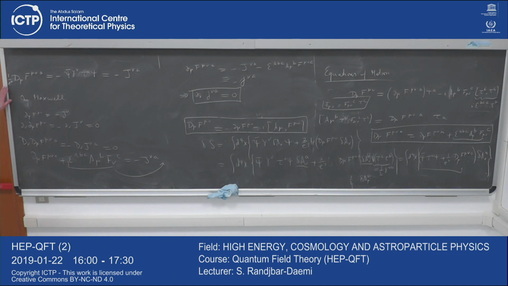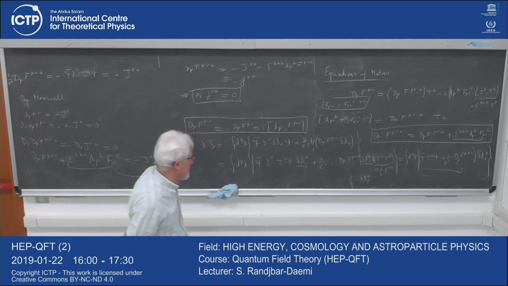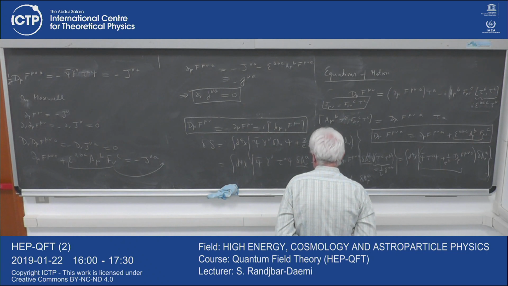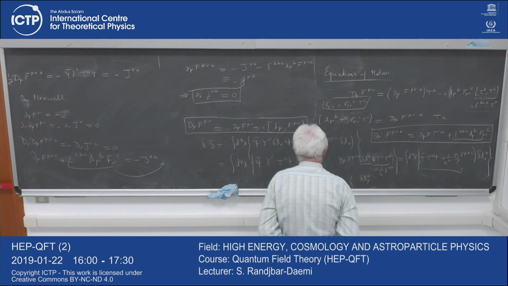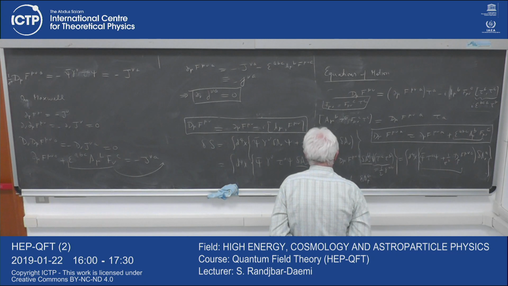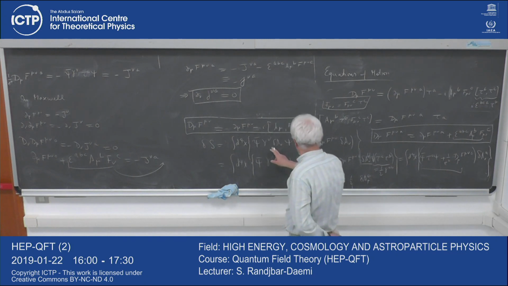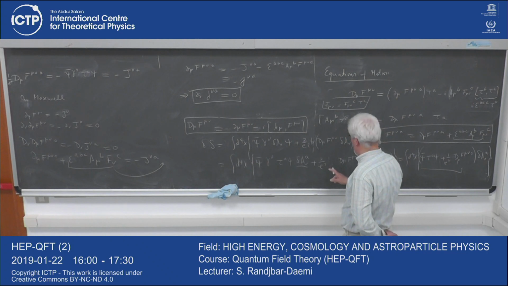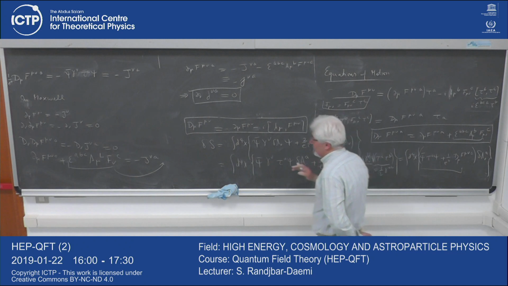Okay, let's leave it there. That's strange. If I had the E there, then the current would be multiplied by E. Now it's multiplied by E squared. Okay.